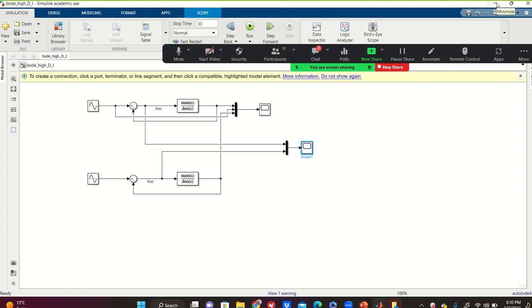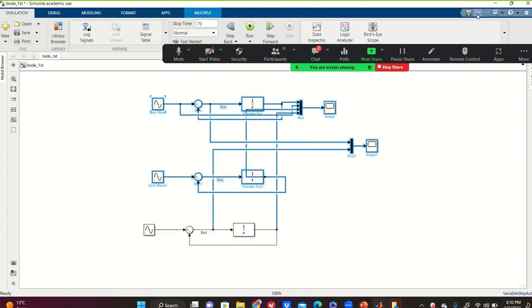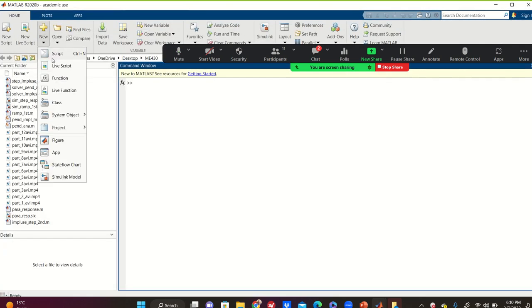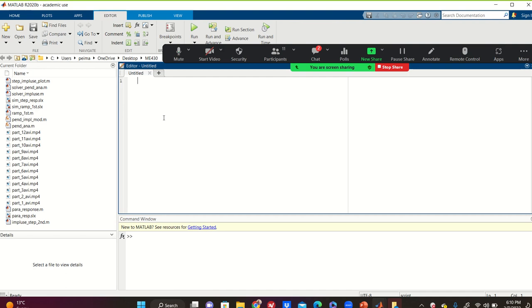Now let me go to this. Let me close this. Script: clc, clear all, close all. After having that, I want to plot the Bode of the derivative, meaning S, as we did together.